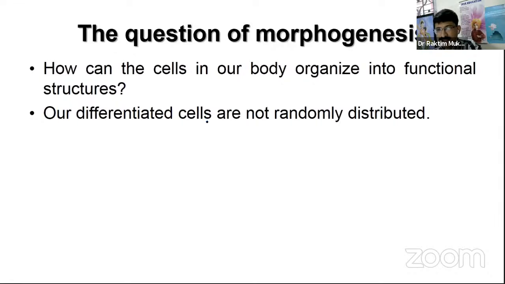Our differentiated cells are not randomly distributed. And further, they are organized into intricate tissues as well as organs.